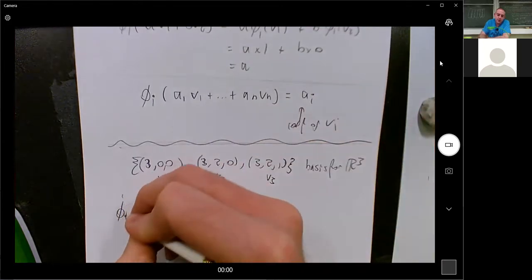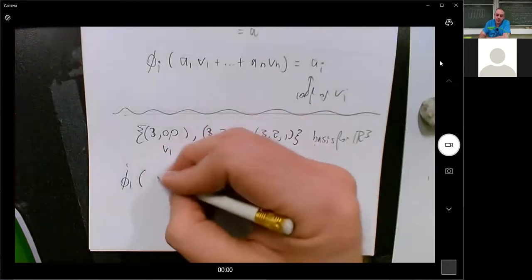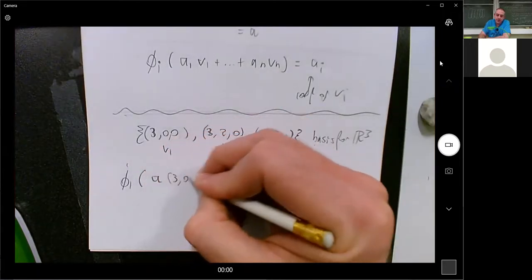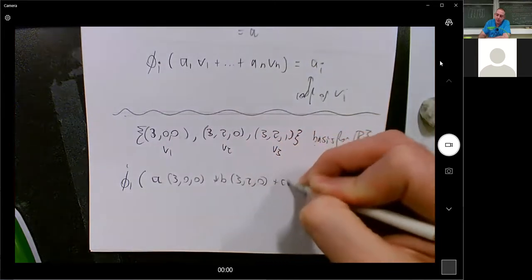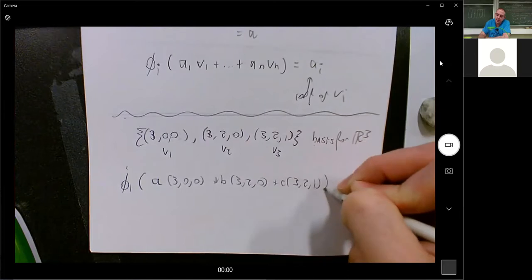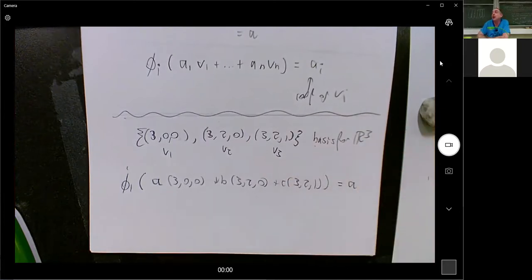So phi 1 of A 300 plus B 320 plus C 321 will be the number A. That's how we're going to define this function.